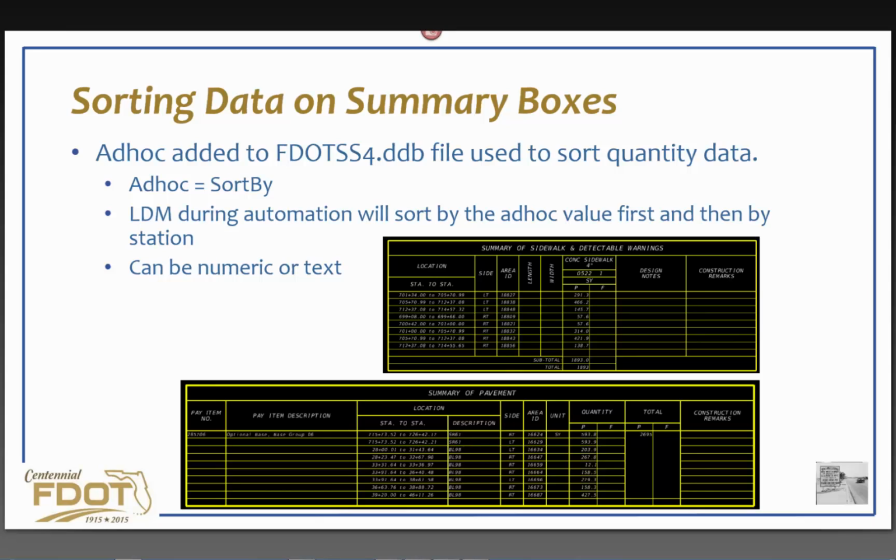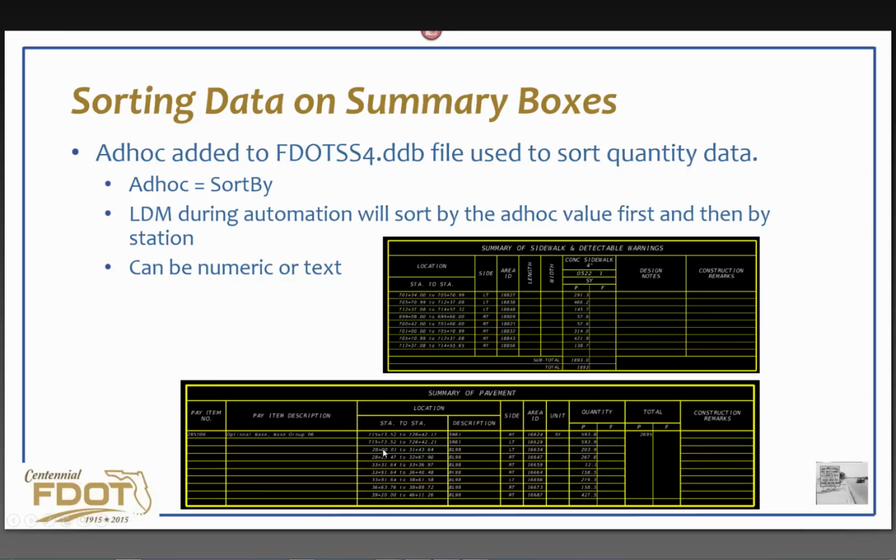And then for the bottom one down here, I don't remember exactly which ad hocs I used, but whenever I set it up, I wanted it to show my main line first, where I had the new construction, and then this is the road that we're tying into.